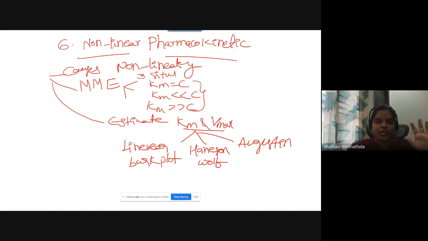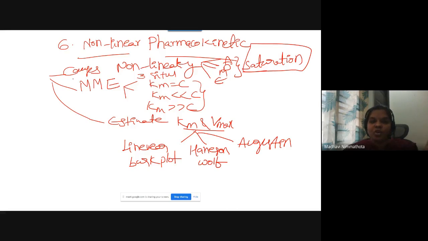So the sixth unit is most important and a very simple unit. A sure question is the Michaelis-Menten equation and the causes of nonlinearity also. Under causes of nonlinearity, you are going to read about absorption, distribution, metabolism and excretion, and saturation mechanisms with clear examples.